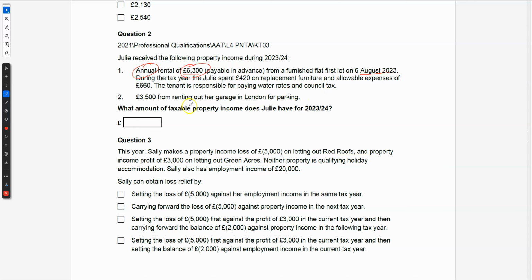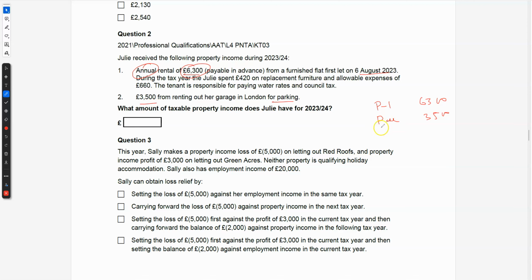Okay, 3500 from renting out her garage in London for parking. So we need to add that as well. So we have the property one, that is 6300, and parking 3500. Both we need to add. Remember that parking, like part of a garage, is also part of the rental income.